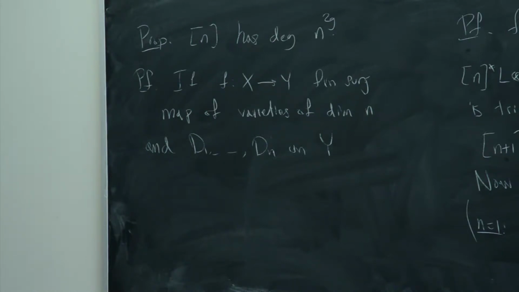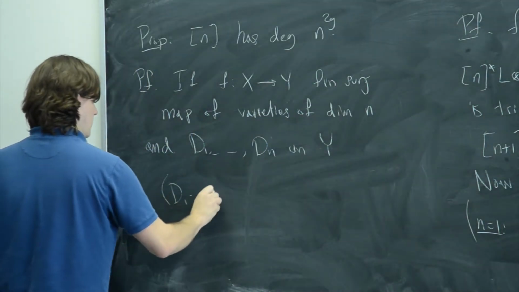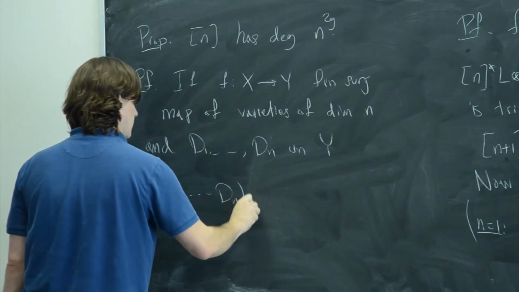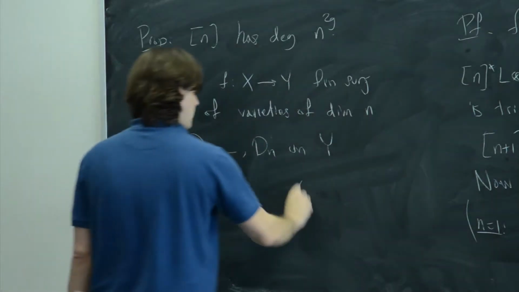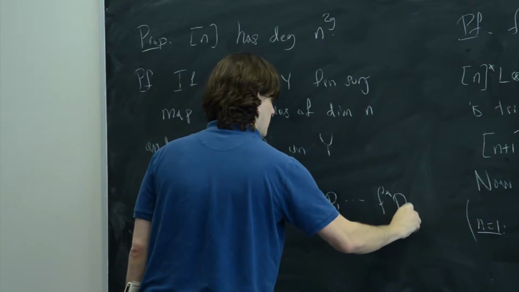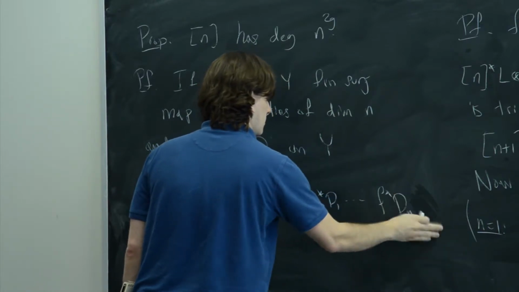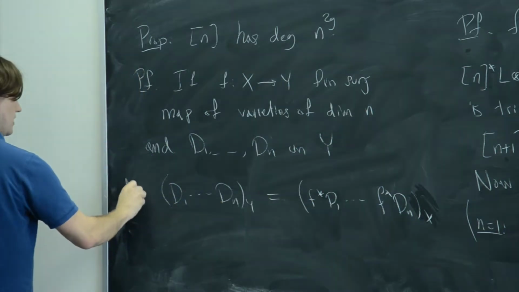So you can intersect all of them in the sense of intersection theory, and you'll get something 0-dimensional, which you can think of as a number. So I can form this intersection on y, like that. Or I can pull these divisors back to x and do the intersection there. And the statement is that these are equal, but you have to put the degree here.